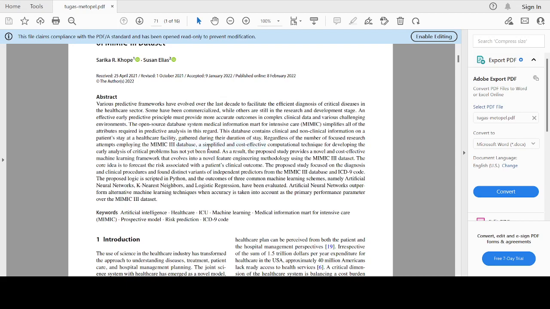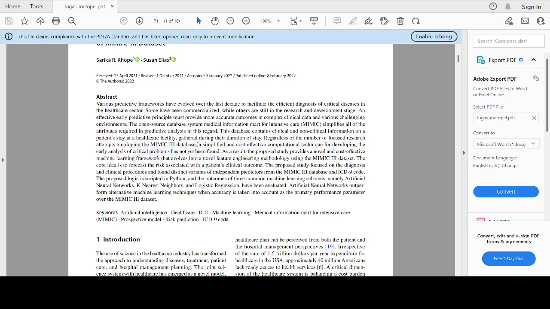A simplified and cost-effective computational technique for developing the early analysis of critical problems has not yet been found.